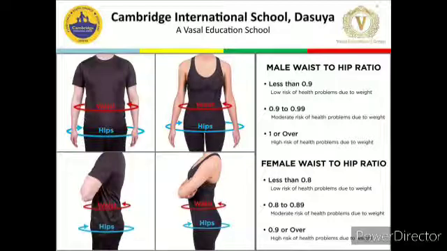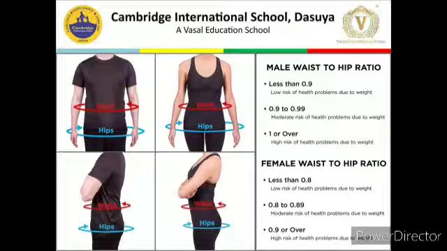If it is 1.0 or above, we can say high risk of health problem due to weight. You have to reduce your weight. In case of the female category, if the waist hip ratio is more than 0.85, she is at health risk. If the waist hip ratio exceeds these points, then it's a very high risk, we can say.